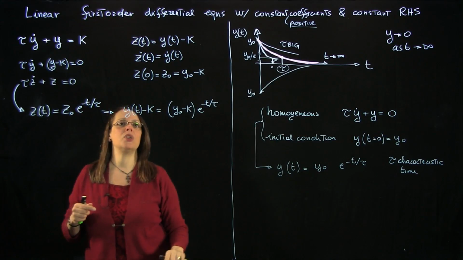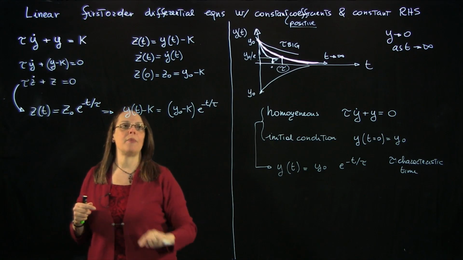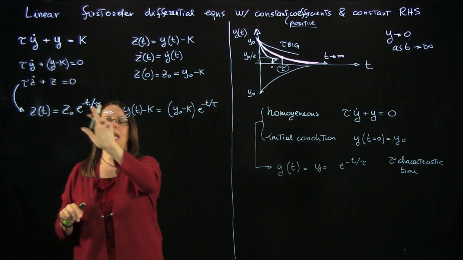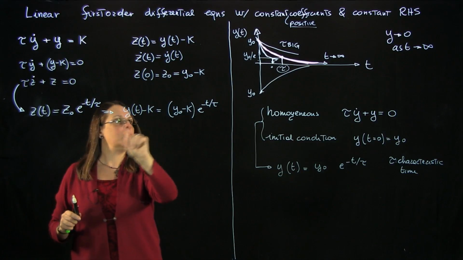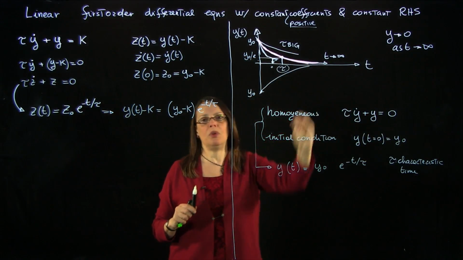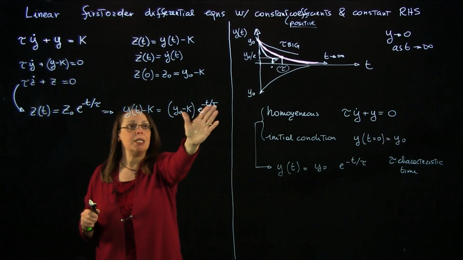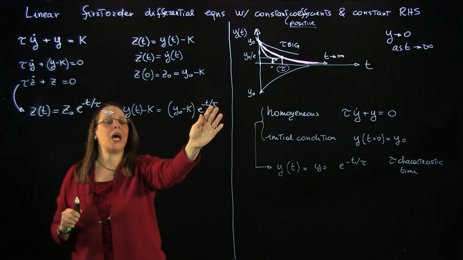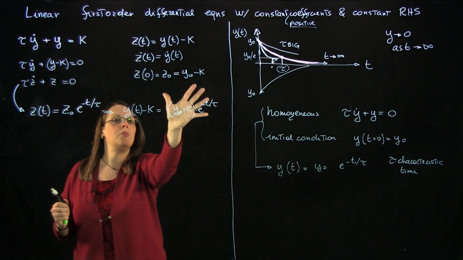But before I write the equation for y of t, I want you to notice something. What happens to z, or y of t minus k, as time goes to infinity? We know what happens to this function here when time goes to infinity. It goes to 0. You can see here that as time goes to infinity, e to the minus infinity over tau goes to 0. So this term here goes to 0.